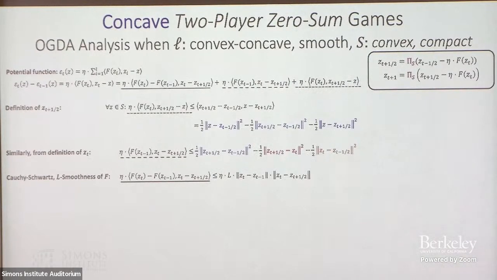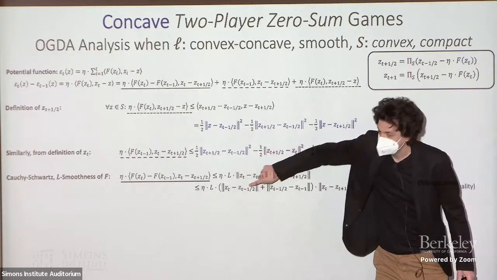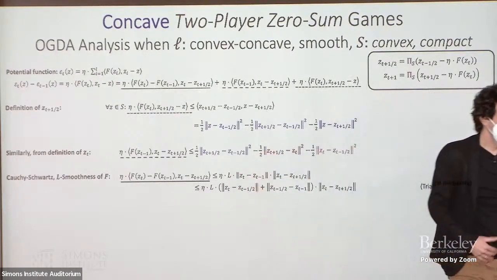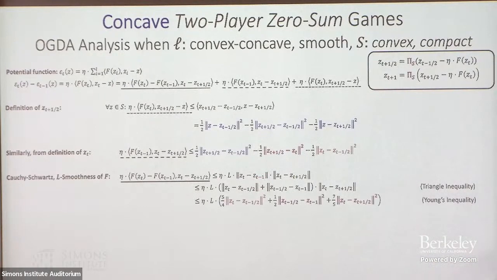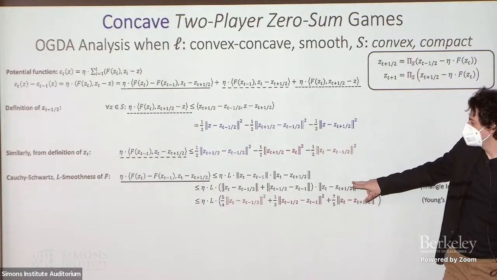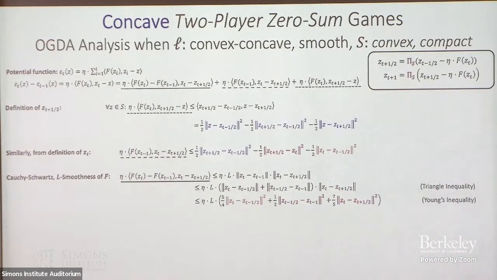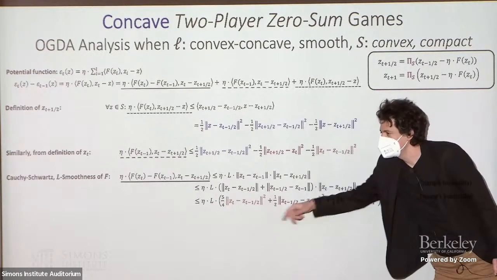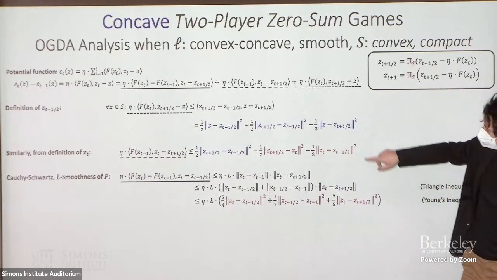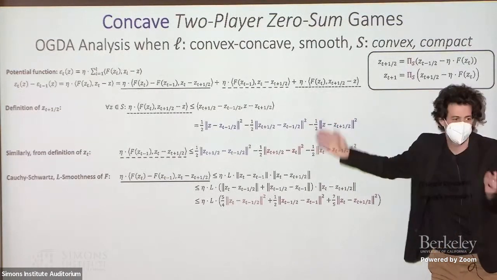Then I do some triangle inequality, replacing this difference with these two distances, and then I apply Young's inequality to upper bound various products with a bunch of quadratics, trying to recover differences squared that appear upstairs, because I want to add them up and cancel things out.